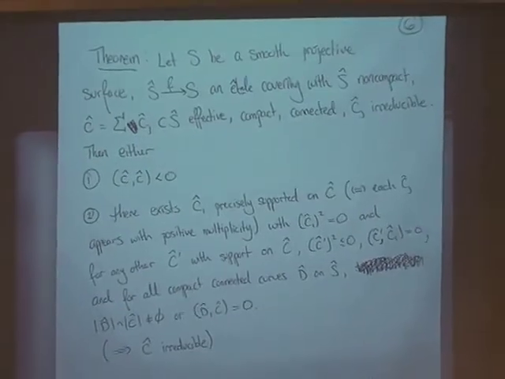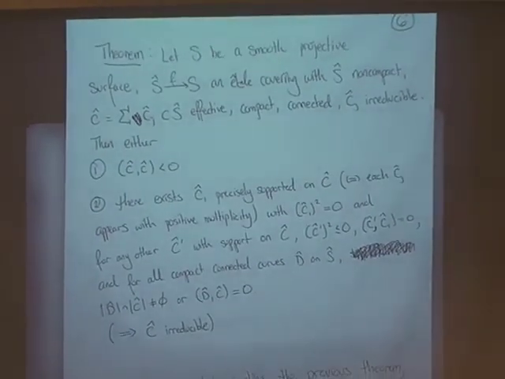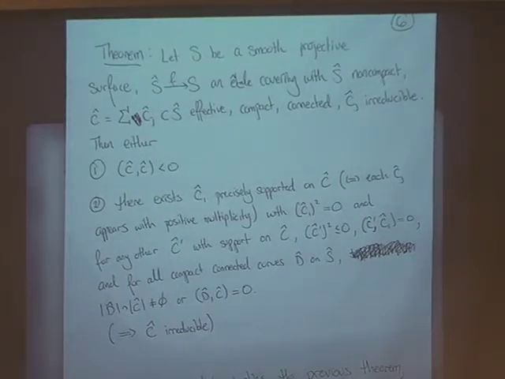So you get the previous theorem by this result, which says, okay, you've got this infinite étale cover. S was compact because it was a smooth projective thing. You take this cover, S hat is not compact, and you've got this connected compact effective divisor on it. And either the intersection is negative, or you have this crazy condition about the square having self-intersection 0.